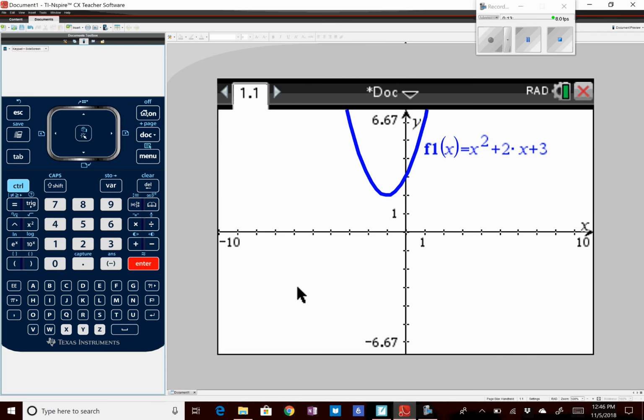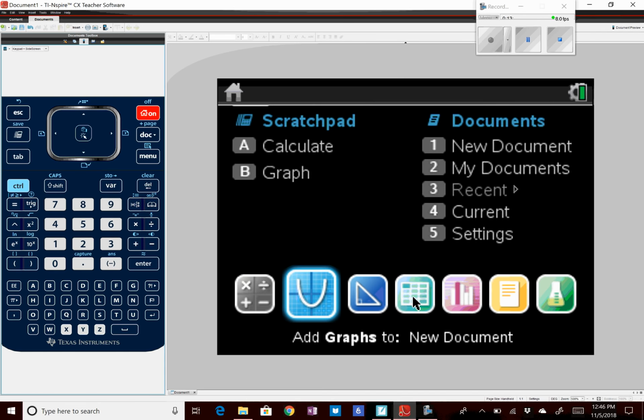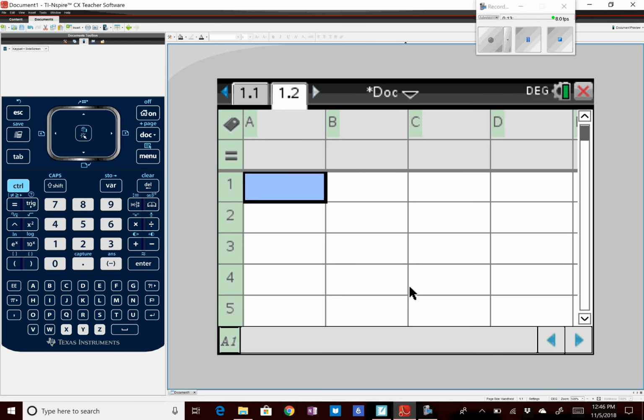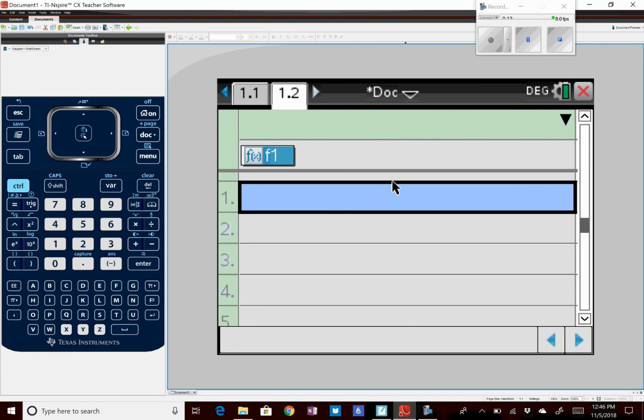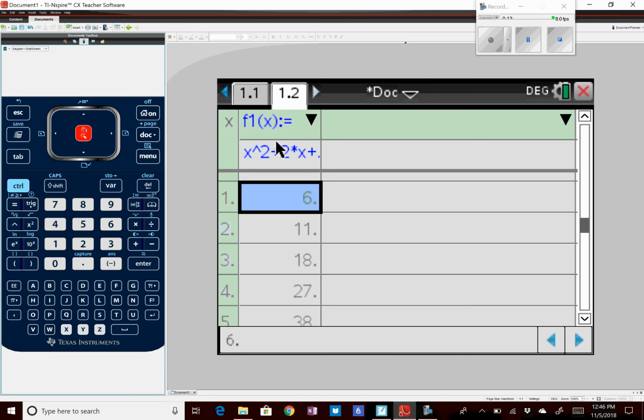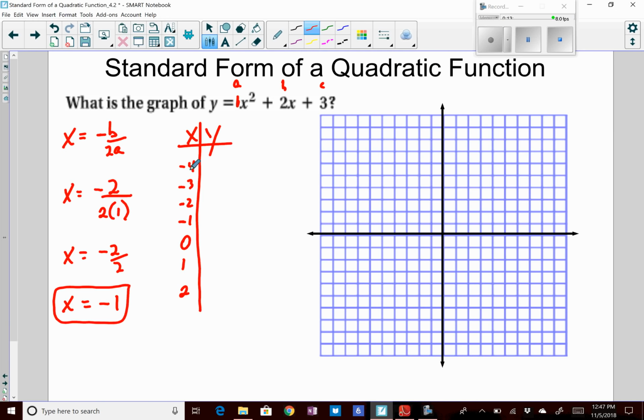So what we want to do is go to the home screen, get a list and spreadsheet page, and the way to get the table of values is menu, table, switch to table. Since I graphed the parabola in F1, that's where I want my table. So here's the table of values. You notice that we started our table at negative 4.